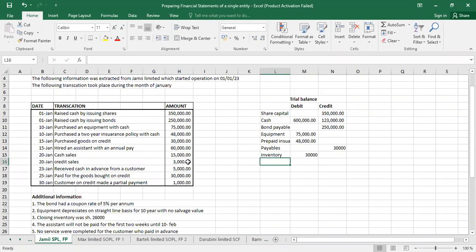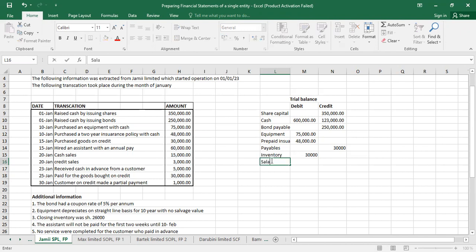Hired an assistant with an annual pay of 60,000, isn't it? So you come here. You see, this one actually has two double entries, isn't it? First, salary and wages.